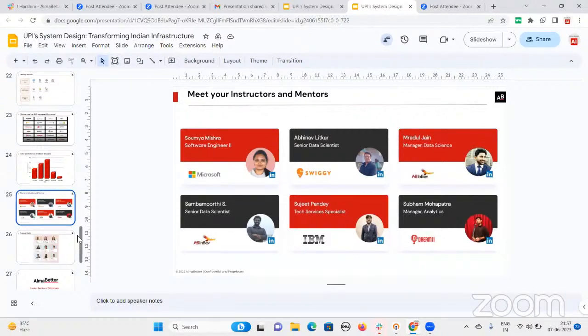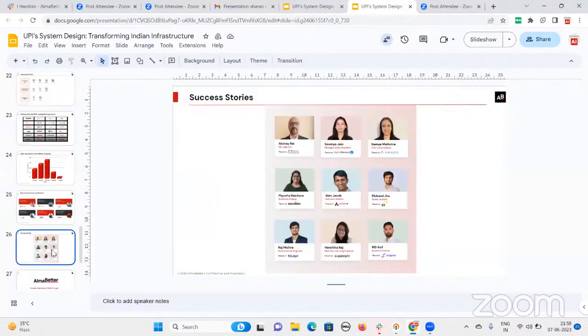Sujit Pandey is a tech services specialist from IBM. Subham Mahapatra is a manager in analytics from Dream 11. These are the people who have set some benchmarks, like our alumni.